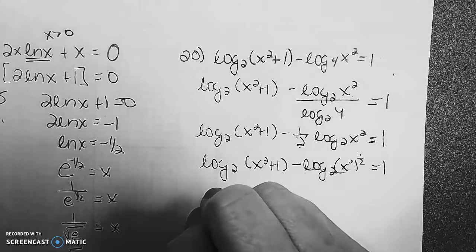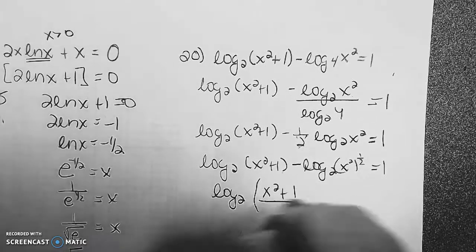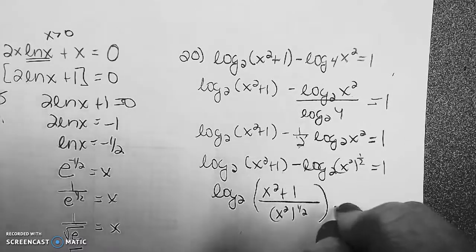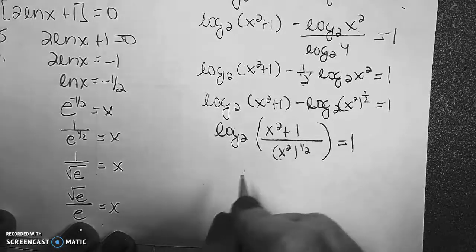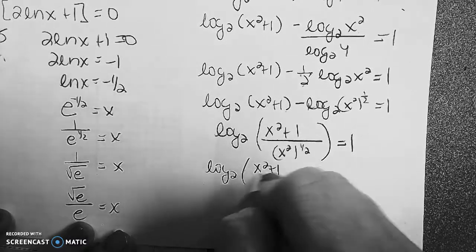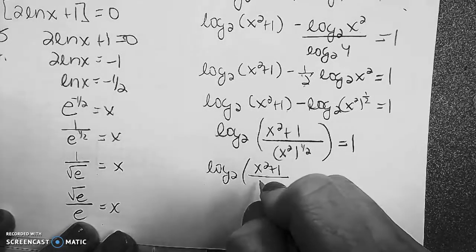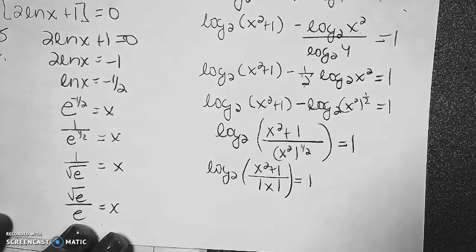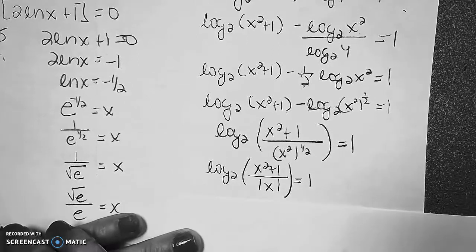I can now use quotient property. I'm subtracting 2 logs, so I know that I can write that as division of logs. So I have log base 2 of x squared plus 1 over, this is really like taking a square root, so the square root of x squared is absolute value of x, equals 1. So from here, I'm having to grab another sheet of paper. I need to change this to an exponential.